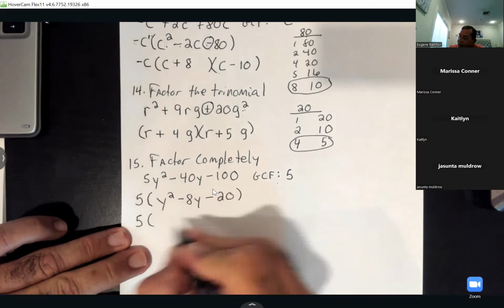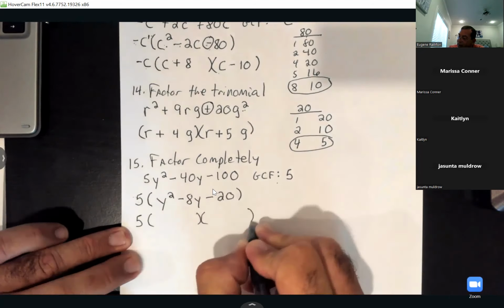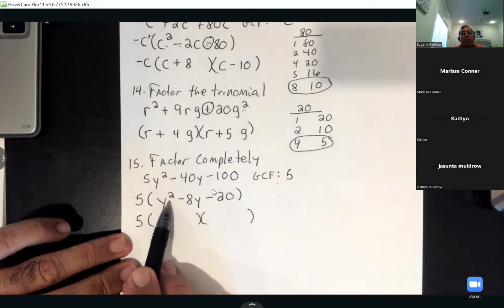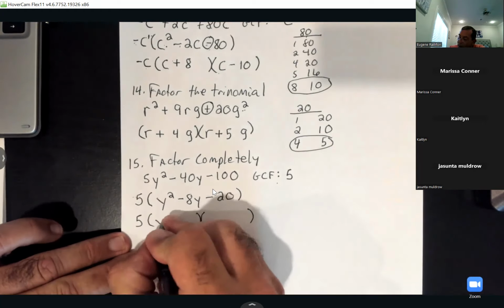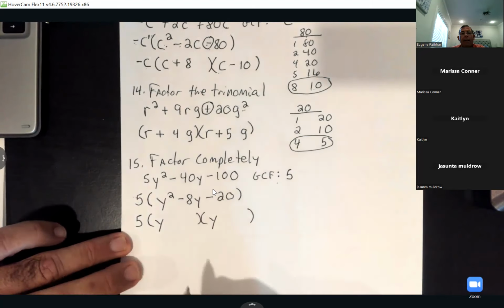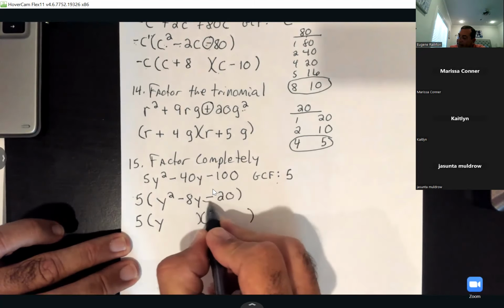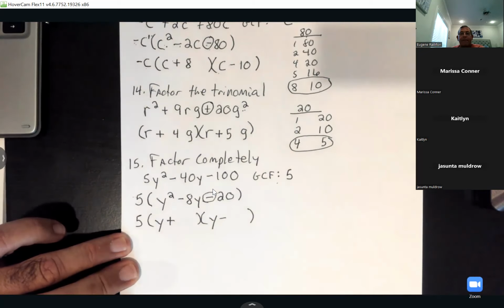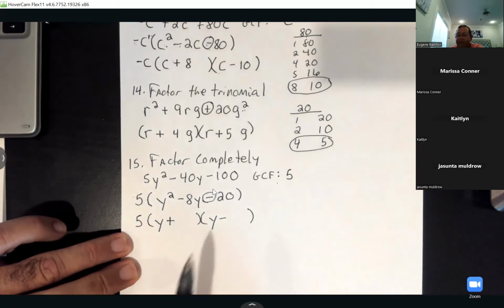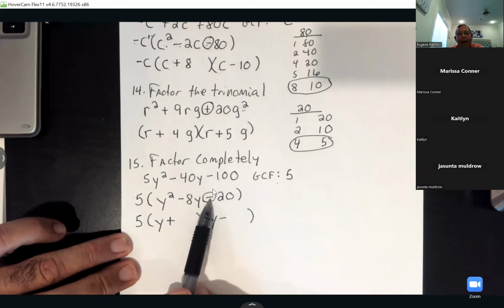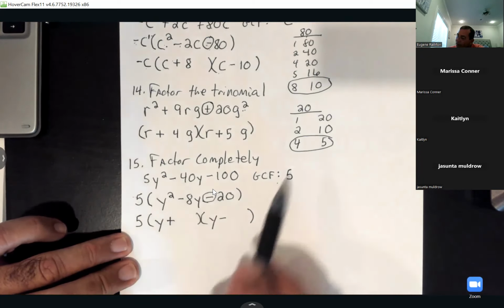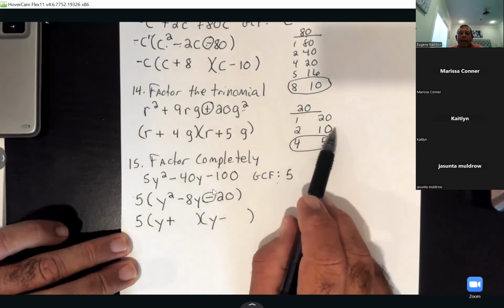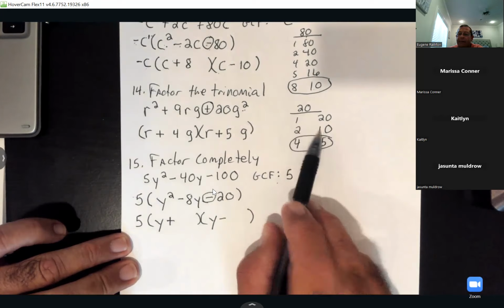We know this will factor into parentheses now because we pulled out the GCF already. So we got a y squared. That's going to be a y and a y. Remember, the last sign's negative, so one's positive, one's negative. And I need factors of 20 that'll subtract and get an 8. Well, y'all, here's my factors of 20. And the ones that'll subtract and get me an 8 are going to be 2 and 10.